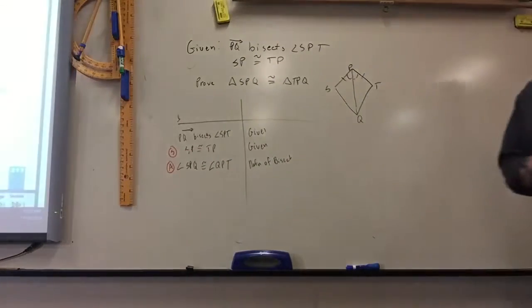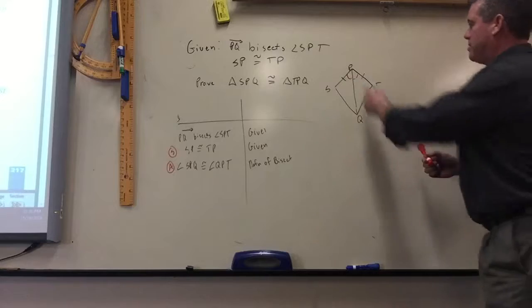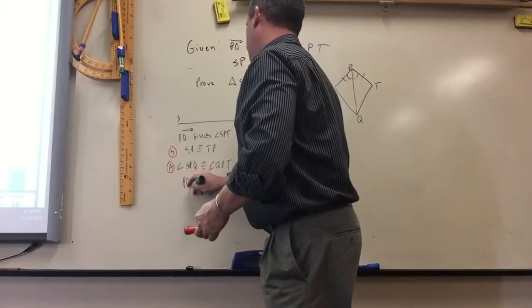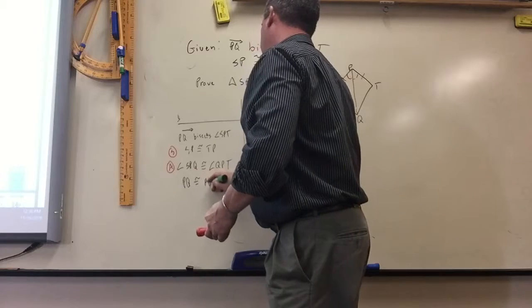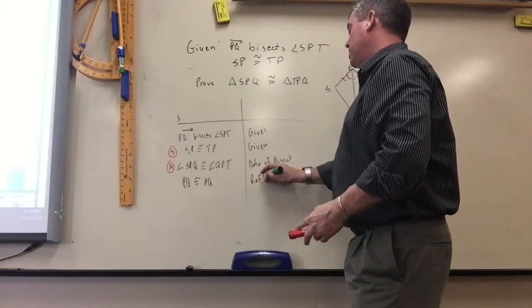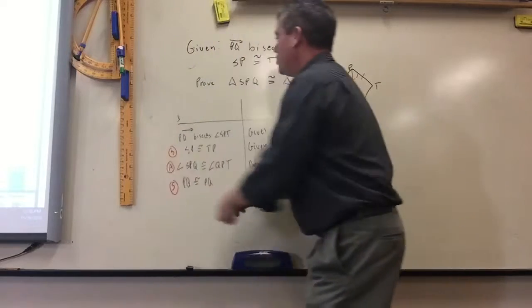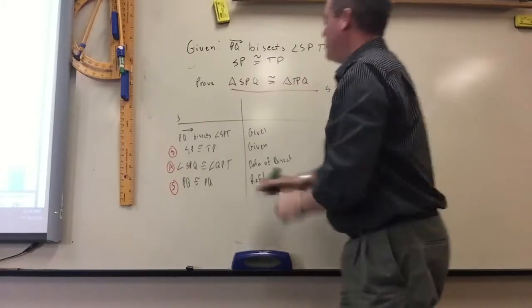And then all we need is show one more thing. Reflexive. PQ equals PQ. Reflexive or shared side. So there's a side. So now that I got the three things in there, put your proof statement in.